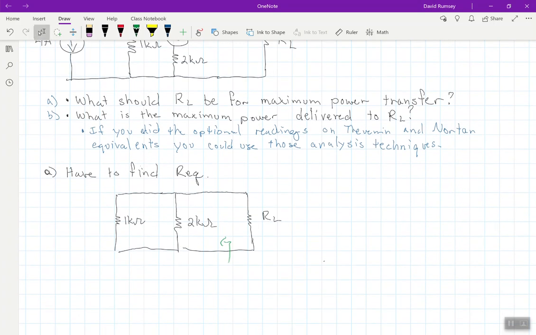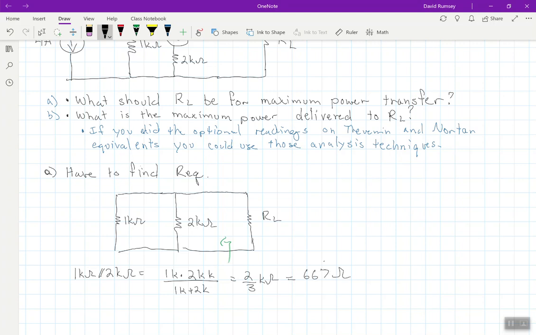We simply have a 1K in parallel with a 2K ohm, which I'll just use our short formula for: 1K times 2K over 1K plus 2K. This would be 2/3 kilo ohm, which I will just go ahead and write as 667 ohms.